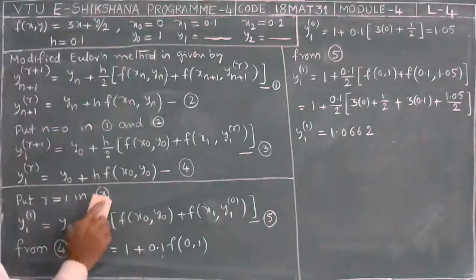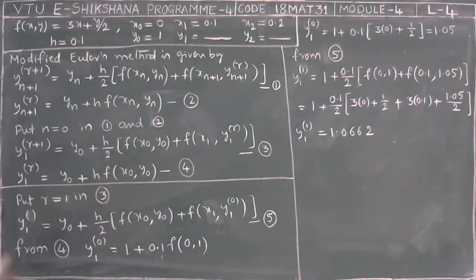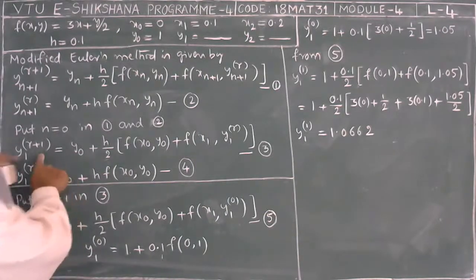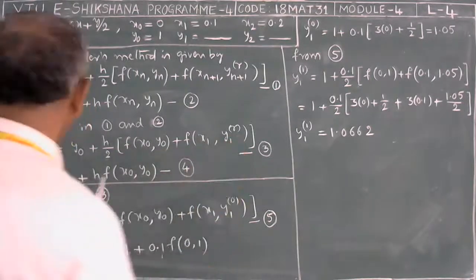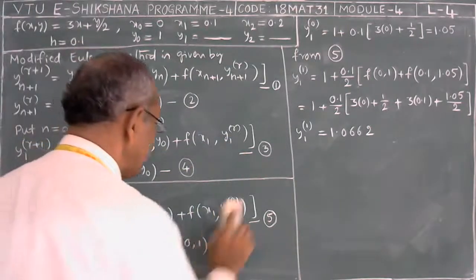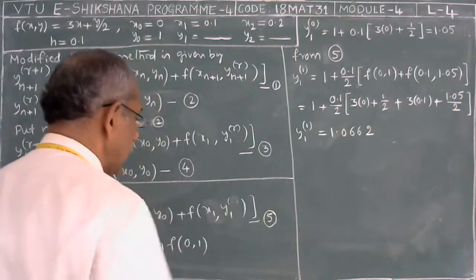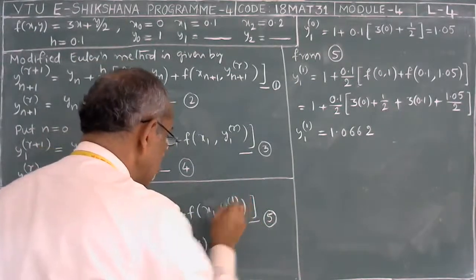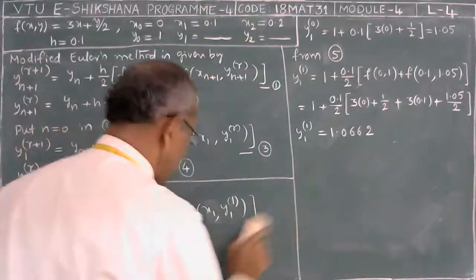So r plus 1 is 1 plus 1, that is y12. I am changing only the value of r. So when r is 1, you get y1, 1.